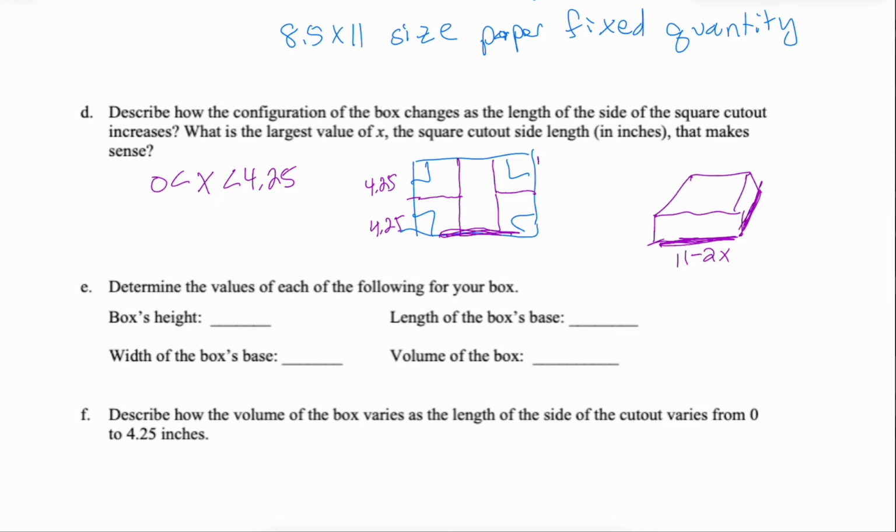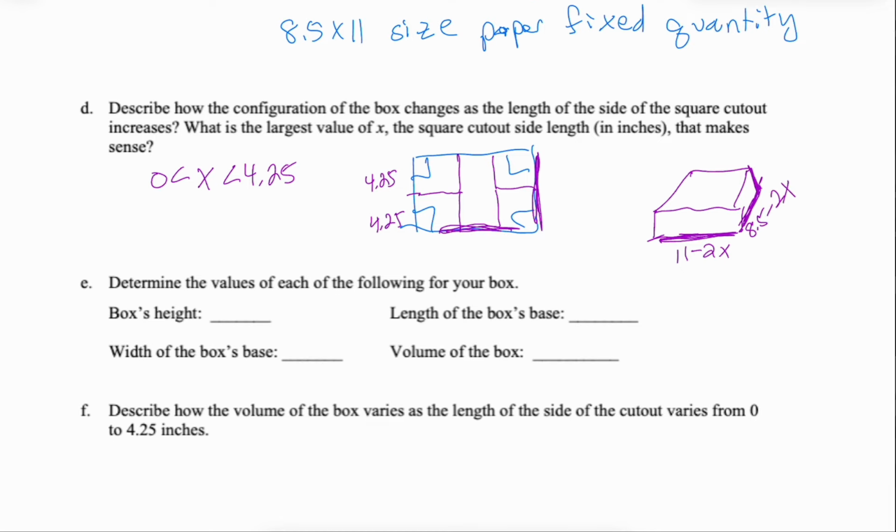We have taken out the 8.5 and we have cut out 2 X's. The height of your box is your X, the height of my box is my X, so that would just be X. So the box's height is the size of the square. The length of the box would be 11 minus 2X. The width of the box would be 8.5 minus 2X.